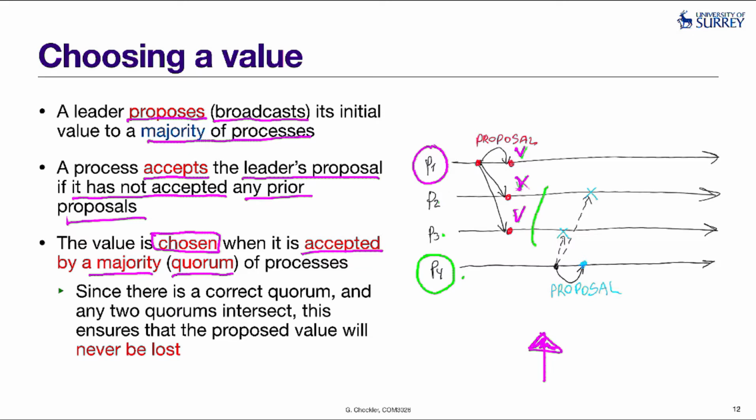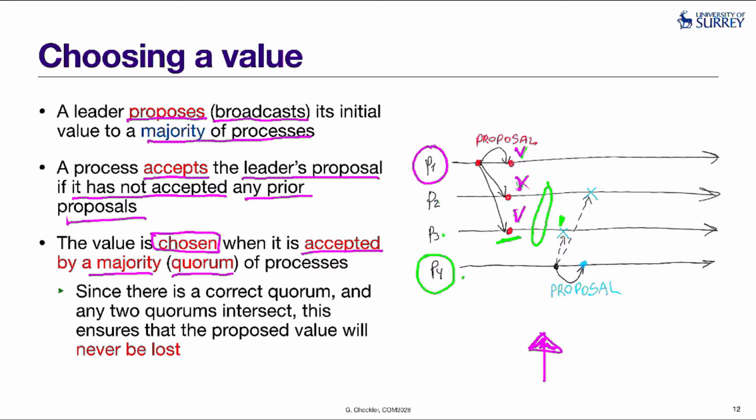Okay, so this is the intersection. And any process in this intersection has already accepted a different value at the time P4 is trying to get that process to accept its own value here. Okay. And therefore it won't accept its value, it will reject that value, and for that reason P4 won't be able to get its own value chosen. And so we have just a single value that is chosen in the system, and this is what we want.